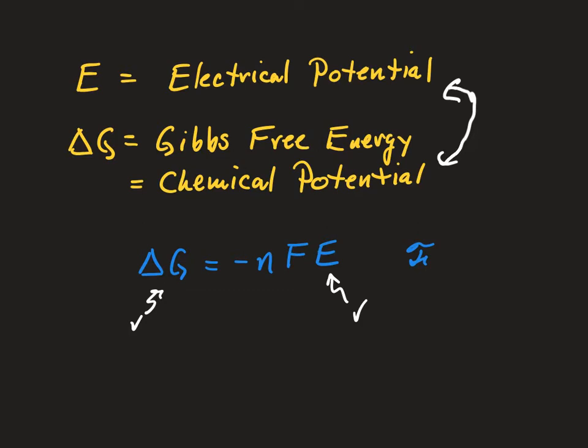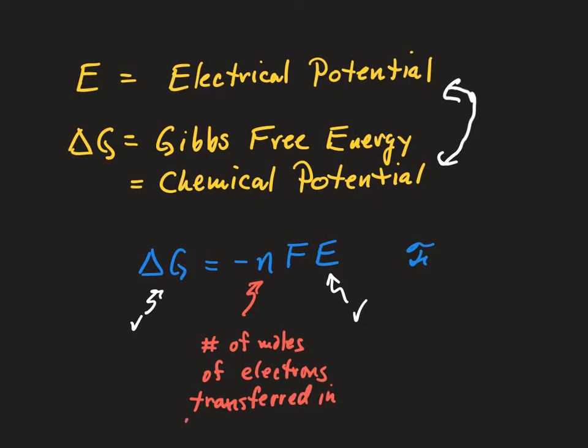This n is the number of moles of electrons transferred in the balanced oxidation reduction reaction.